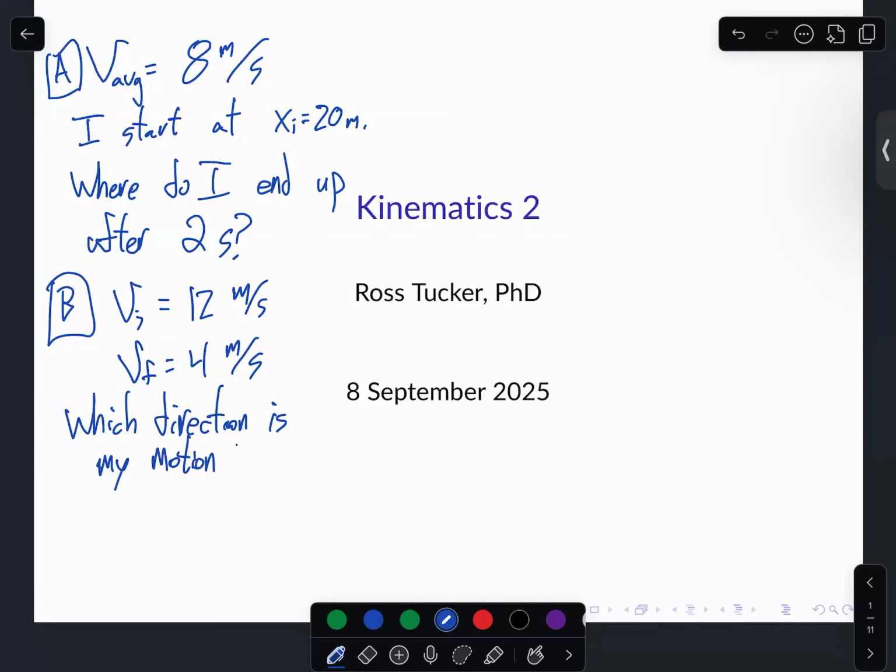Upward or downward motion? Let me be precise. Which direction is my object moving?